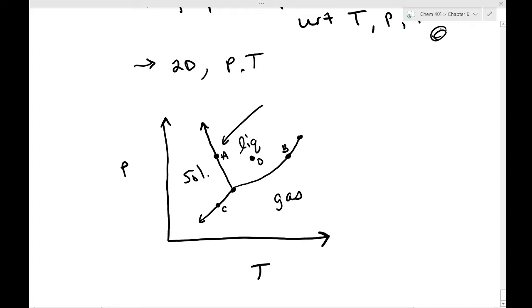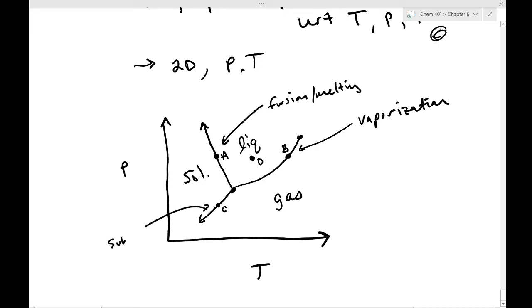Point A is directly on what's called the fusion or melting line. This is the line at which the pressure and the temperature are such that the system is melting, or in the state of fusion. And this line here is the vaporization line, and this line down here is the sublimation line.